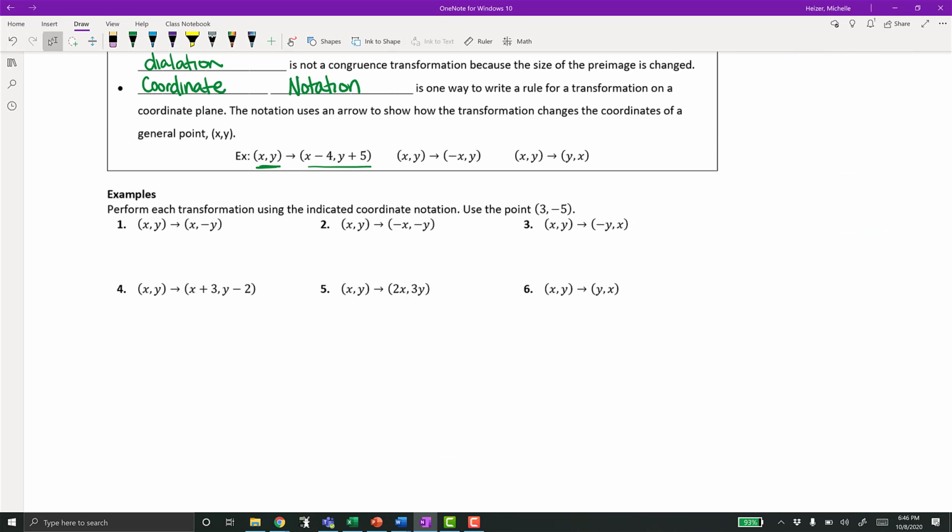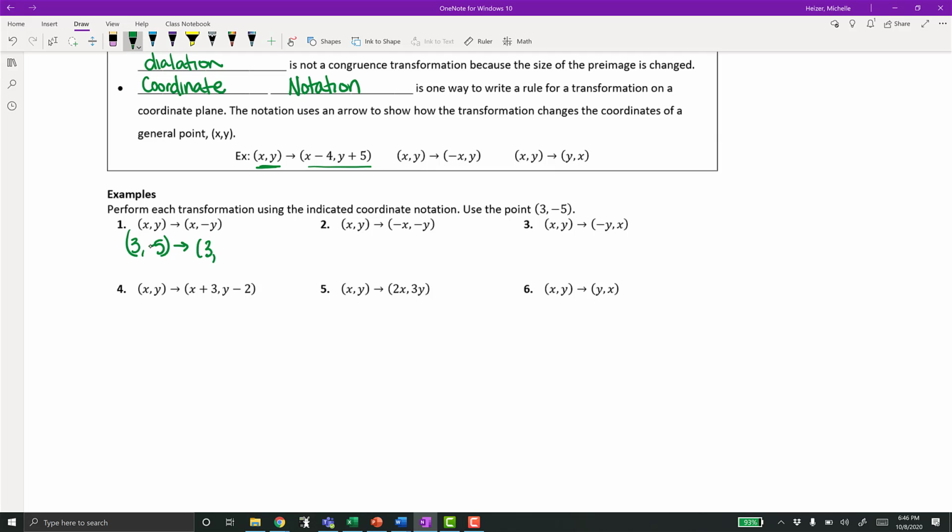So perform each transformation using the indicated coordinate notation, okay? And we're going to use the point 3 comma negative 5. So 3 comma negative 5. And what we're going to do is we're just going to use that x and y value and plug them in. So this has x first, so we're going to have a 3 because that's my x. And then opposite or negative y.